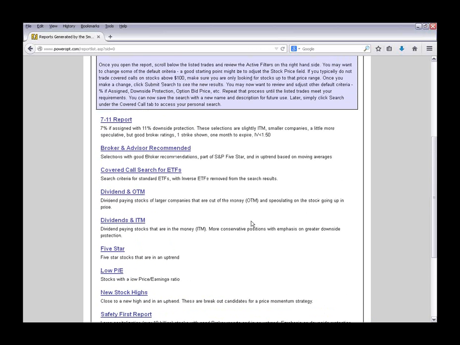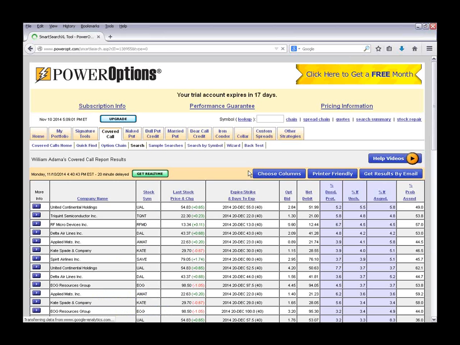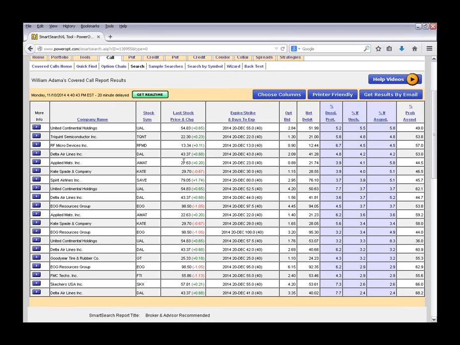Now to begin with, in our sample search menu, to access the results of a given screen, we'll simply click on that list. So I'm going to click on Broker and Advisor Recommended. And this is going to take us to a listing of covered calls that matched the themed report for that particular sample search.